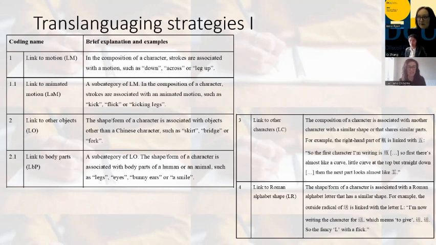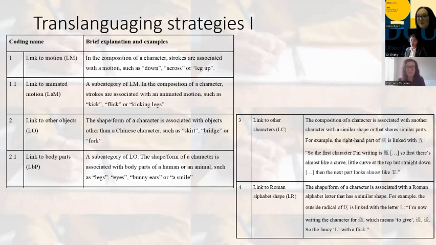A subcategory of the other objects is the link to body parts. So the shape or form of a character is associated with the body parts of a human or an animal, such as legs or eyes or bunny ears or even a smile. So we can imagine any kind of curve is like a smile, for example. The bunny ears, we can almost picture it as well.